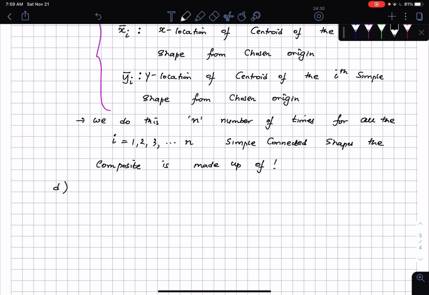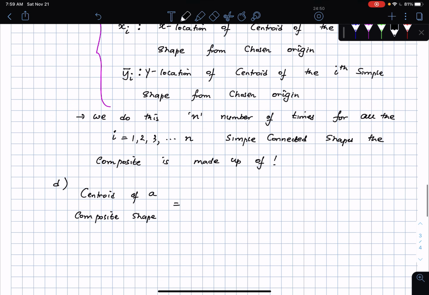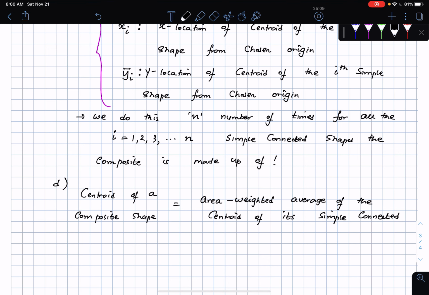The centroid of a composite shape is obtained by performing the area weighted average of the centroid of the simple connected shapes.